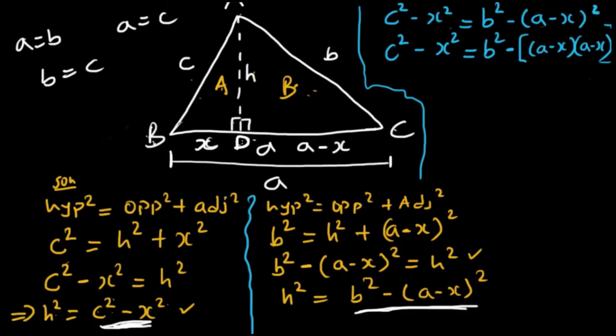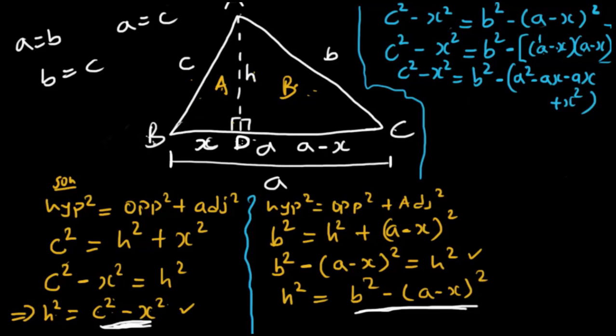Now if we open the bracket, we'll be having c squared minus x squared equals b squared minus: a times a will give us a squared, a times minus x will give us minus ax, minus x times a will give us minus ax, then minus x times minus x will give us plus x squared. Do you understand this? We just open the bracket.